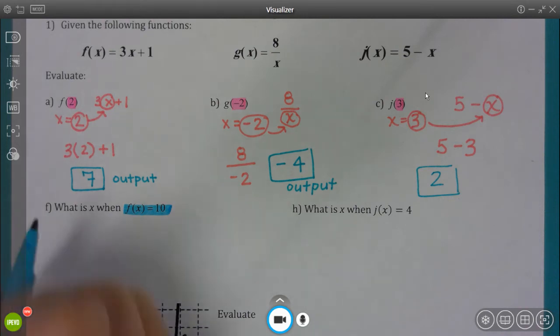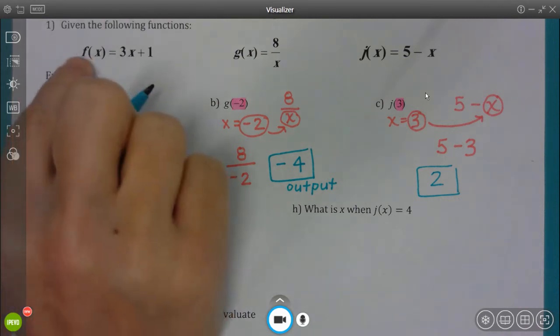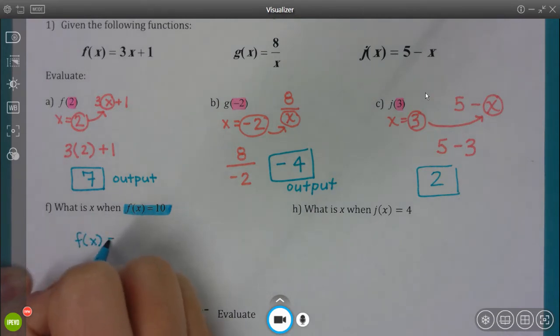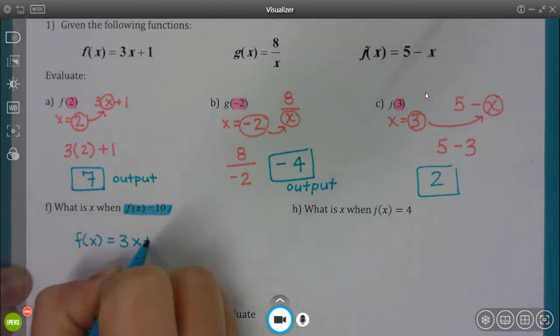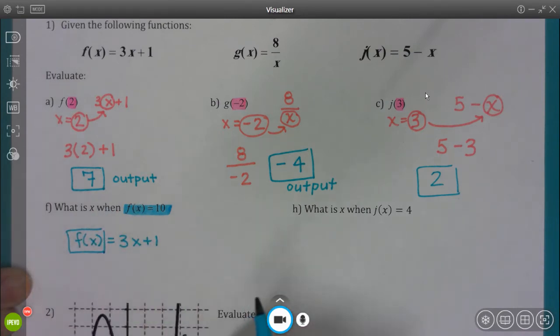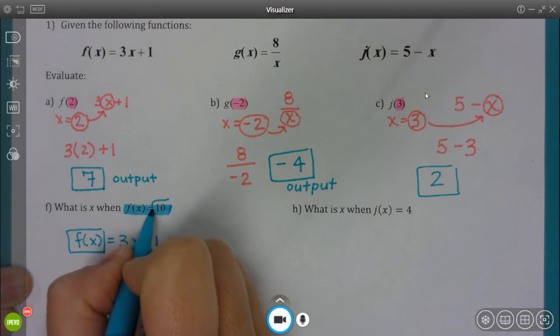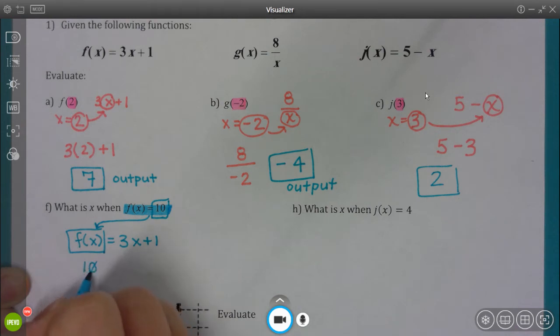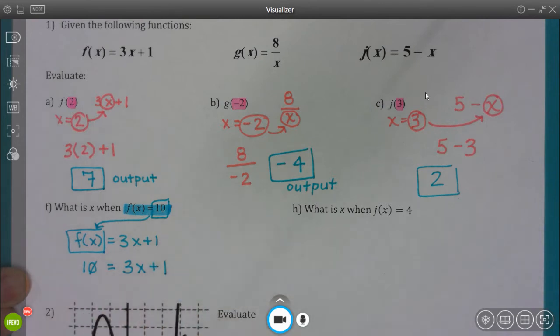So I'm replacing this whole output f of x with 10. So now it's going to say 10 is equal to 3x plus 1.